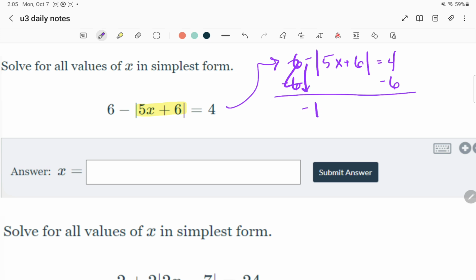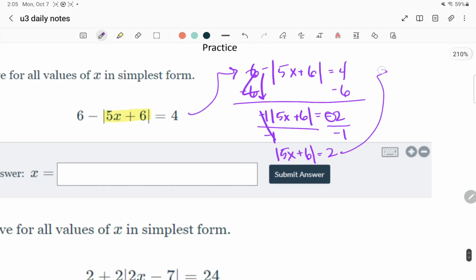Notice that negative still has to drop down because I haven't done anything with it. Don't lose it. That negative is a negative 1. So I need to divide by negative 1 on both sides. What that does is it just changes the sign. So my negative 2 is going to become a positive 2.